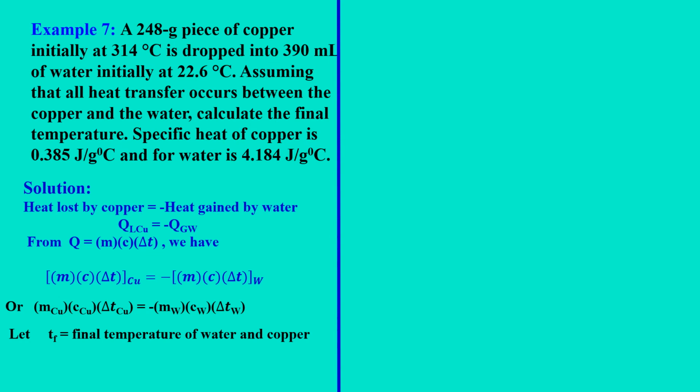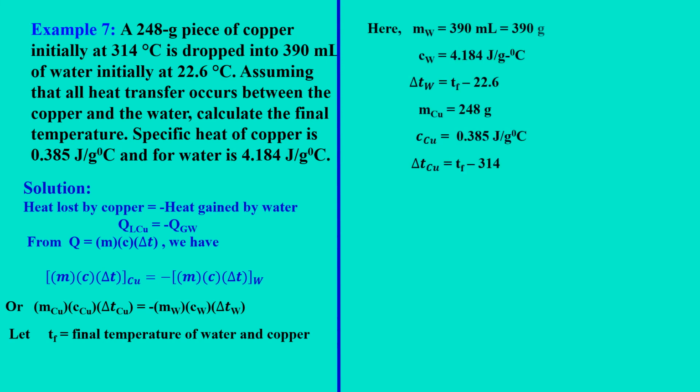We let T sub F as the final temperature of water and copper. Here, the mass of water is 390 grams, specific heat of water is 4.184 joules per gram per degree Celsius. The change in temperature of water is final temperature of water, T sub F, minus initial 22.6.